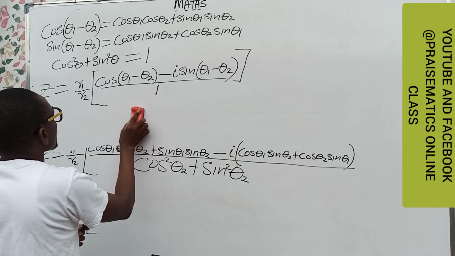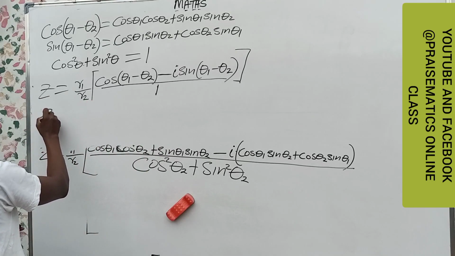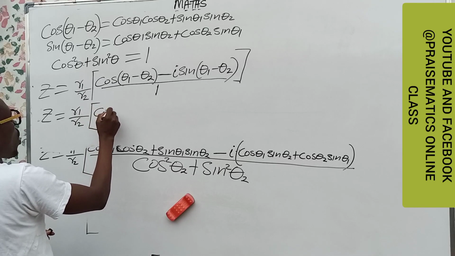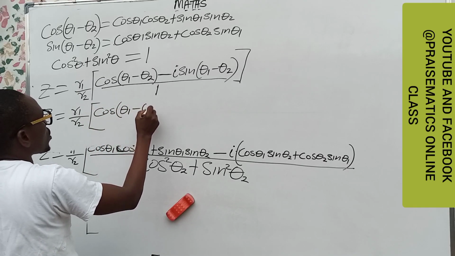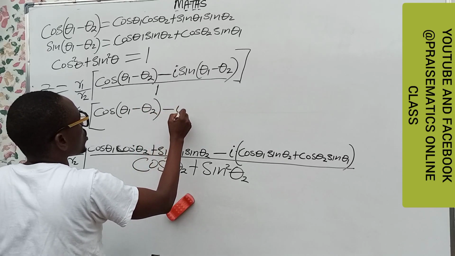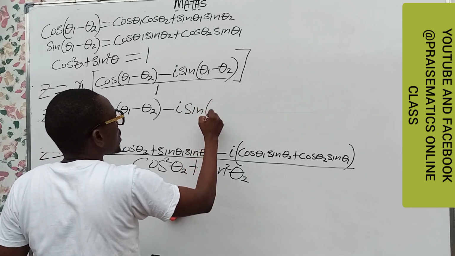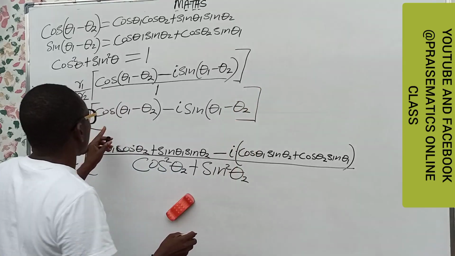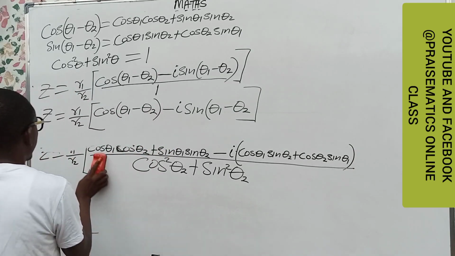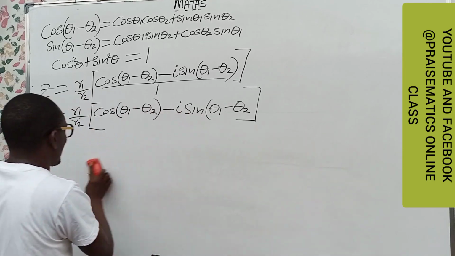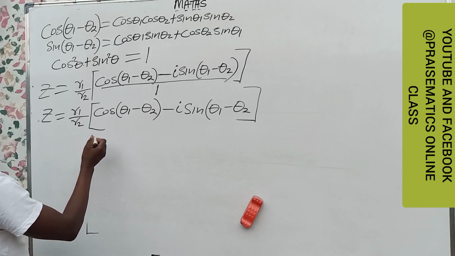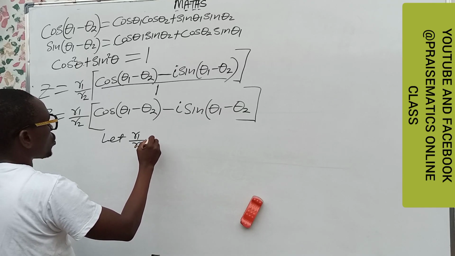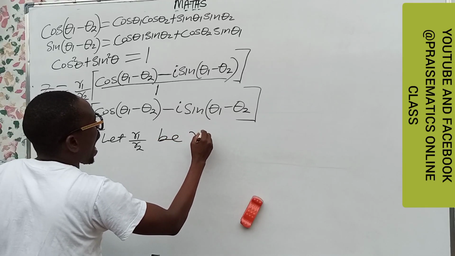It means that z is equal to r1 over r2 into bracket cos of theta 1 minus theta 2, close the bracket, minus i sine of theta 1 minus theta 2, close it, divided by 1. Finally, let r1 over r2 be r3.